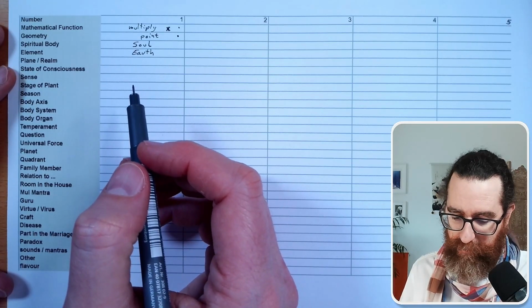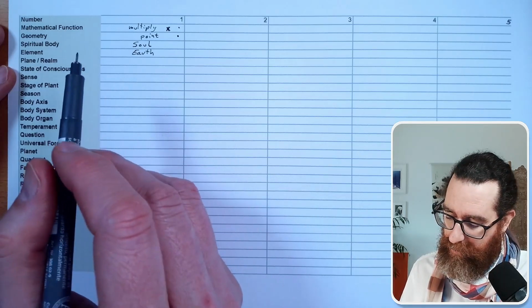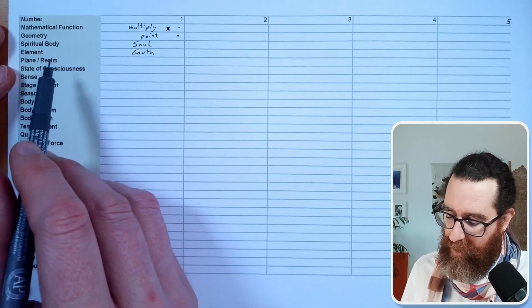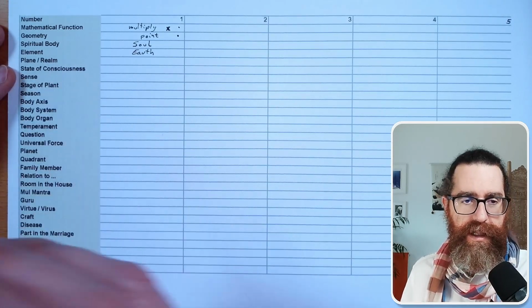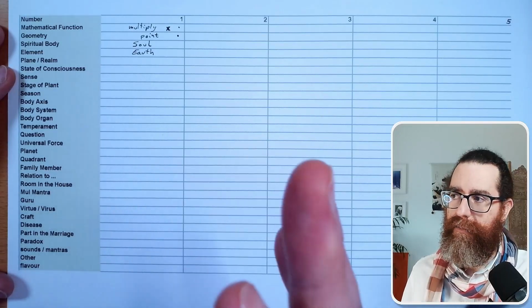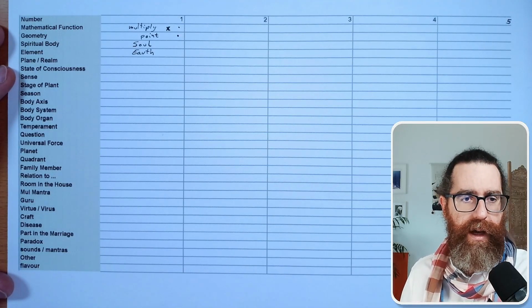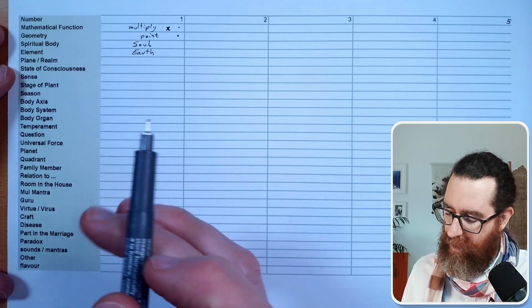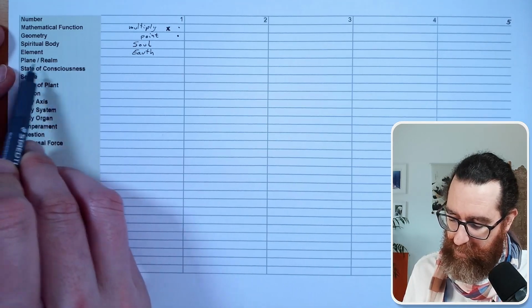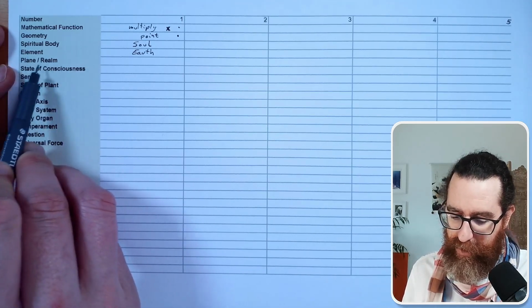Okay, element. Plane, and sometimes it's called like the realm. And this is regarding the vegetable kingdom and mineral kingdom and all that. Sometimes we call it kingdom as well, but now Shiv writes it as plane or realm.